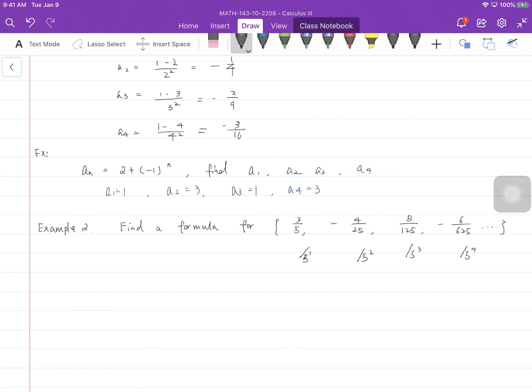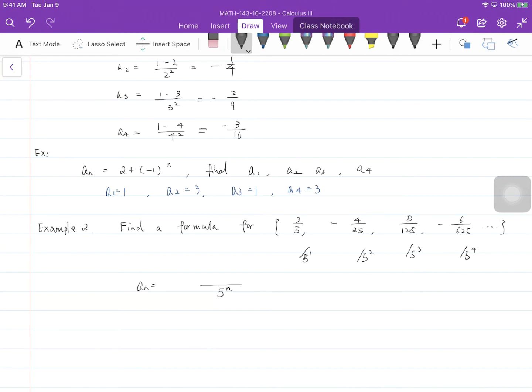So for our general term, the denominator of an: the first term is 5 to the power 1, so the nth term is 5 to the power n.